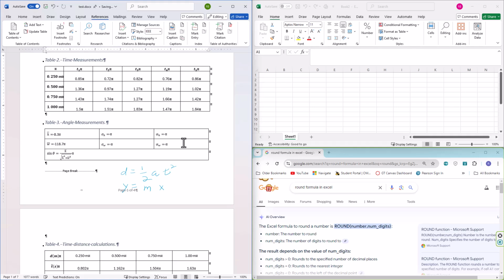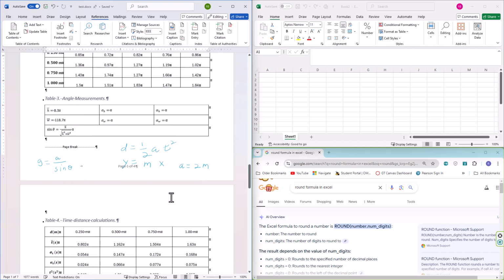That means we can do linear regression, and once we have done that, we know that our acceleration is going to be equal to 2 times the slope that we came up with in our regression. And then we can also estimate g, because g is going to be equal to whatever we got for acceleration divided by sine theta, and this is how we could compute sine theta. Okay, so we did our experiment. We collected all of this fun data.